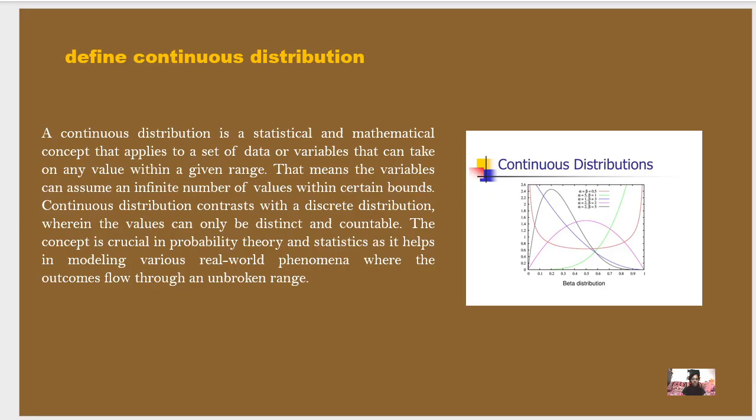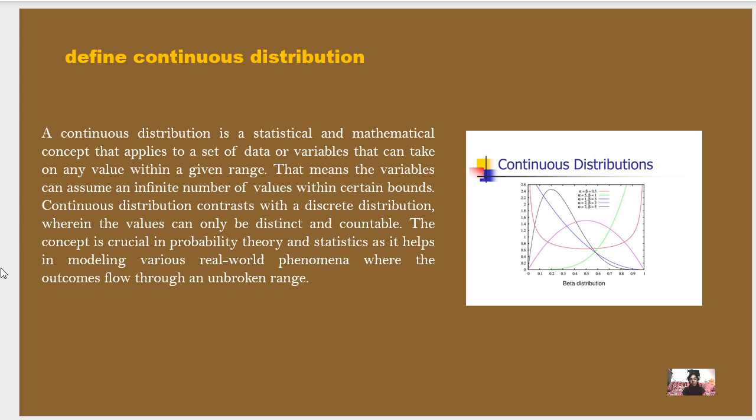First, what is a continuous distribution? A continuous distribution is a statistical and mathematical concept that applies to a set of data or variables that can take any values within a given range. Nothing but like you provide a range, then you provide a data set, and this data set can distribute among this given range.